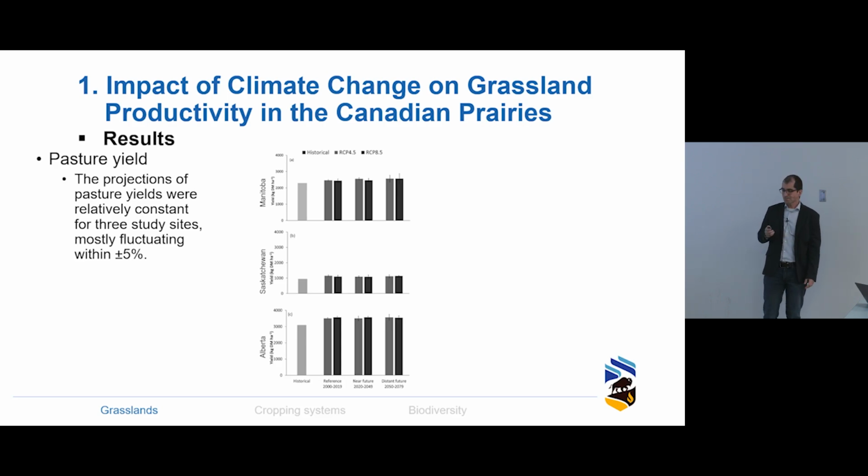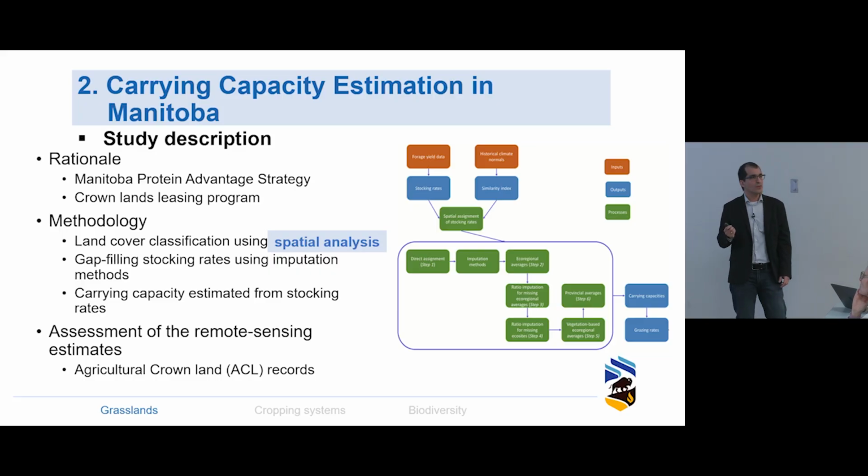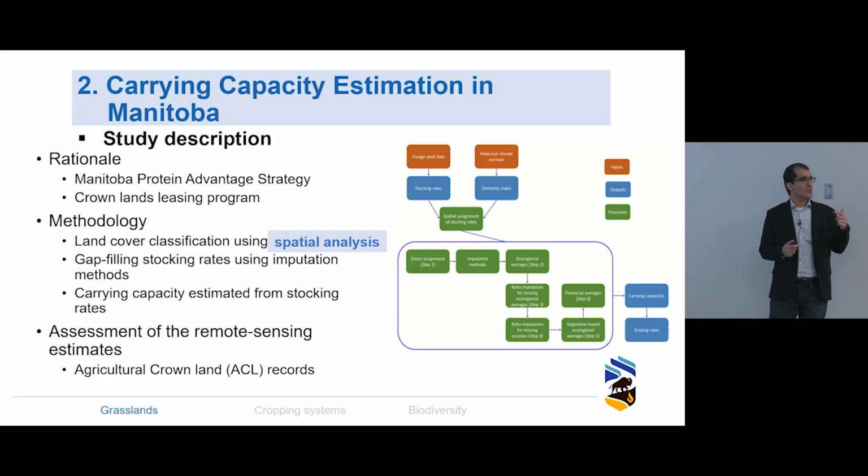So the second study, still dealing with grasslands, is confined to Manitoba, but it's much more data intensive because you're doing a continuous surface across the agro region of the province. The reason for this study was motivated by the Manitoba Protein Advantage Strategy, which aims to get a 15% increase in protein production in the province.